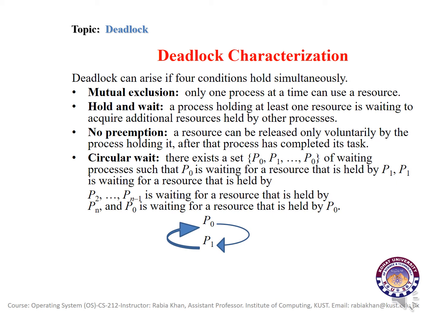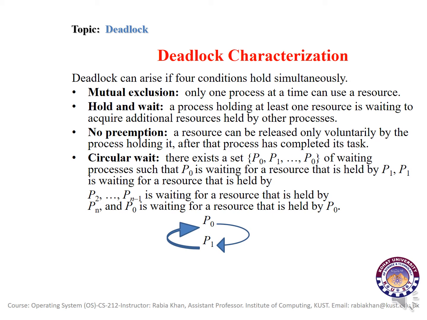Fourth condition is circular wait. Processes are waiting for each other in a circle. They actually are not waiting for each other. Rather, they are waiting for the resource held by other processes.